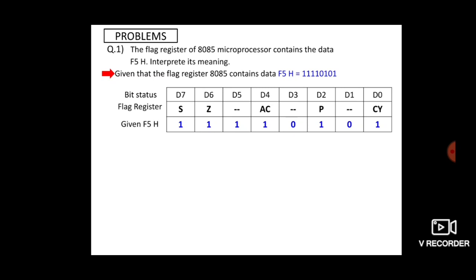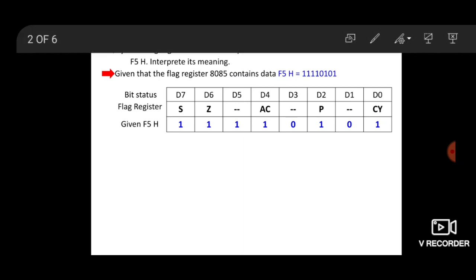This first thing is clear. Then write the reason why it is set or why it is reset. Now see, in this flag register status, write below the flags 11110101.